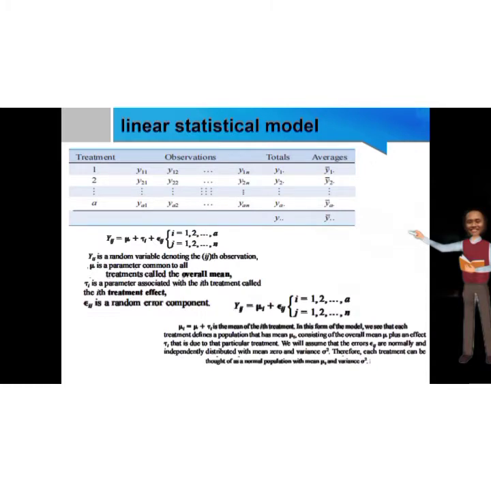Linear statistical model. So you can see in the treatments, there are 1, 2, etc. up to a, while the observations are y, the total, and the average.